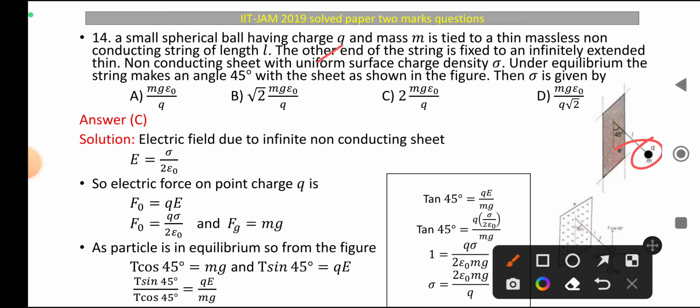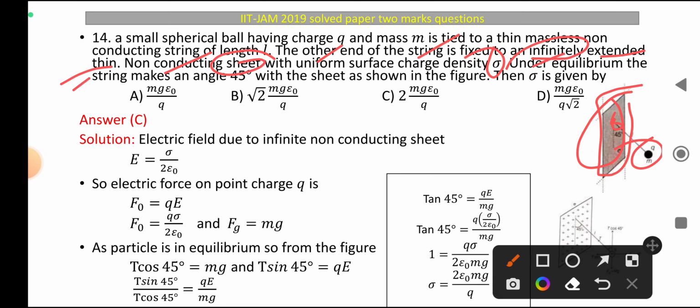Next, the other end of the string is fixed to an infinitely extended thin non-conducting sheet. So the other end is connected to the thin sheet, and the sheet's uniform charge density is sigma.